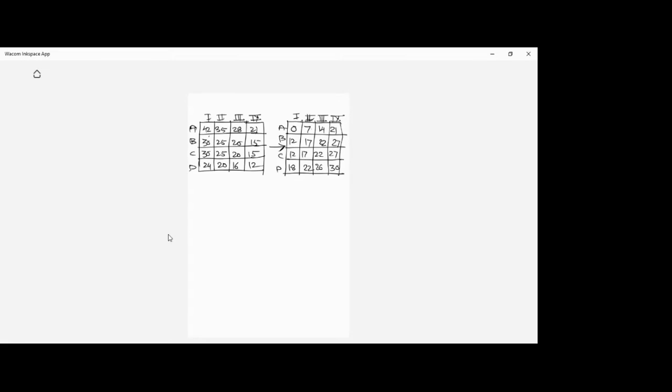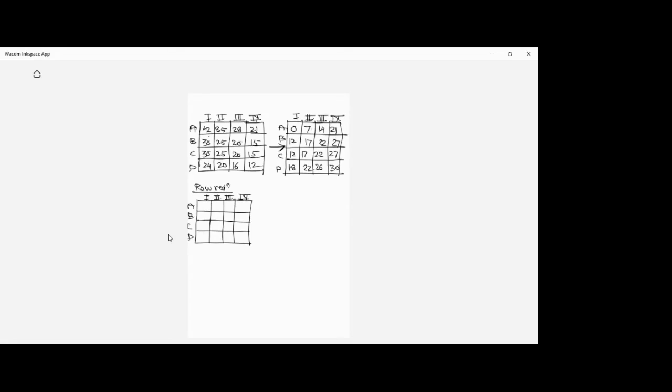Now we'll have to go for the row reduction, right? In row reduction, firstly, the minimum value is 0 only here, so the entire row values will remain constant in the first row. We have A, B, C, D and 1, 2, 3, and 4 here, right?